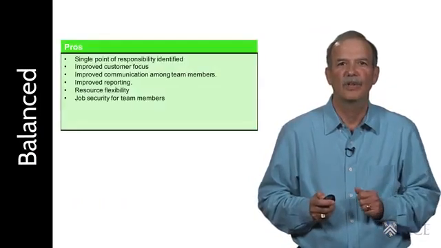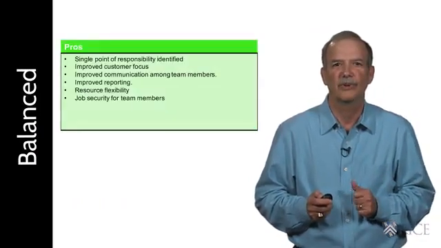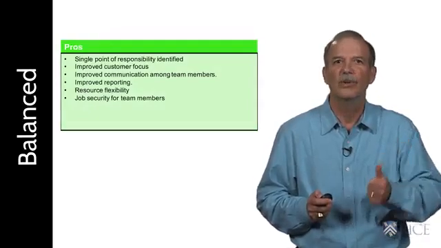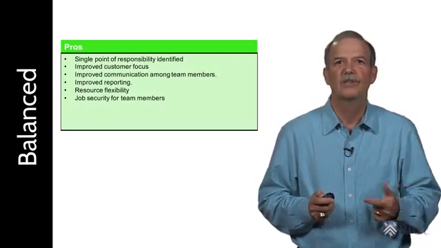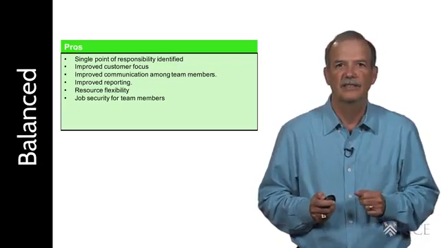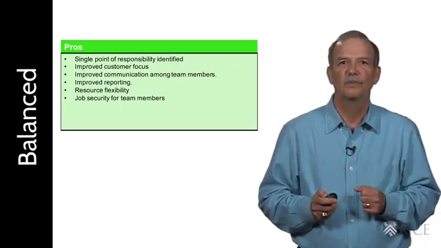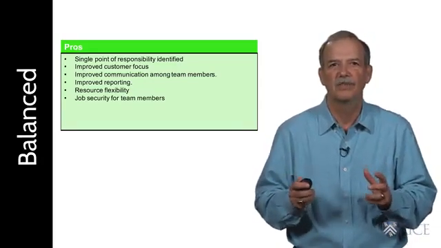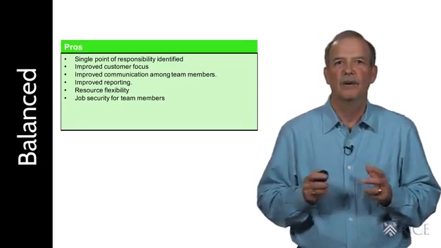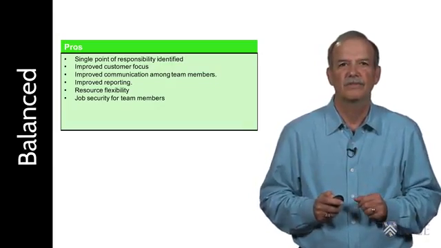The balanced matrix organization starts to address some of the weaknesses of the previous two organizational approaches. There is a single point of responsibility, and this person is responsible for working with the customer and understanding their needs. Because the project manager has more decision-making authority, there's improved communication among the team members and improved reporting to upper management and the customer.